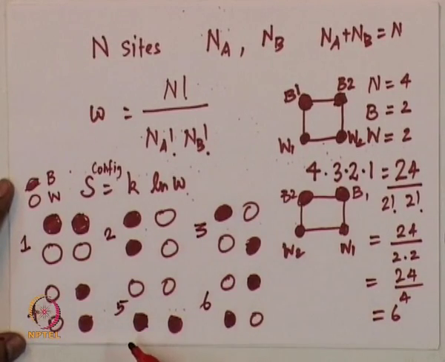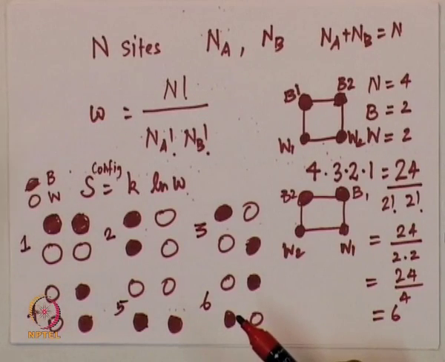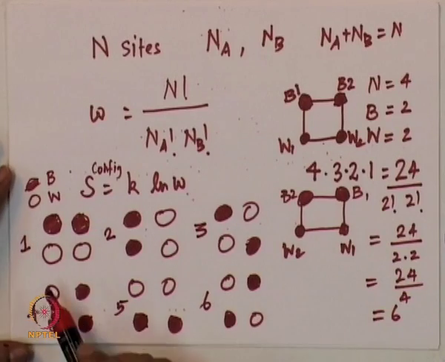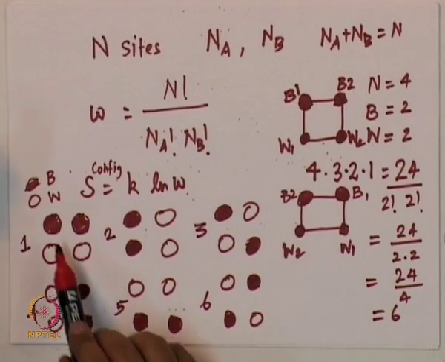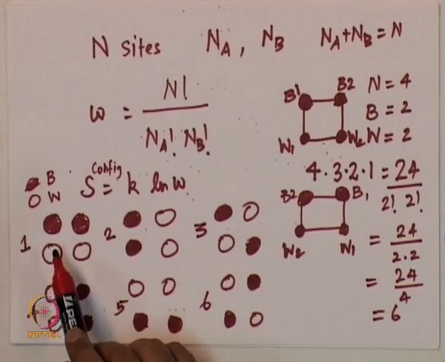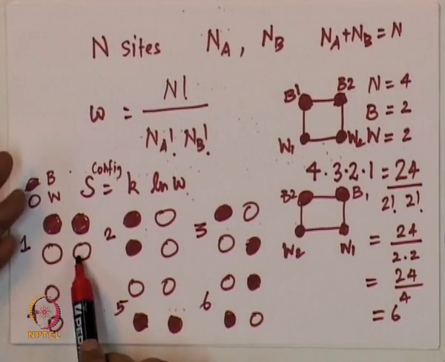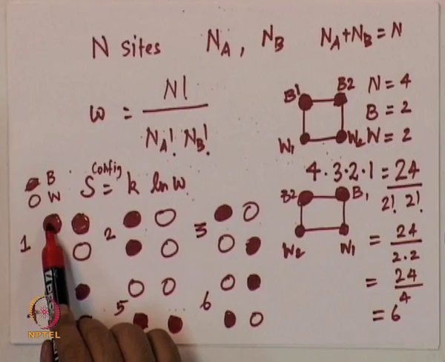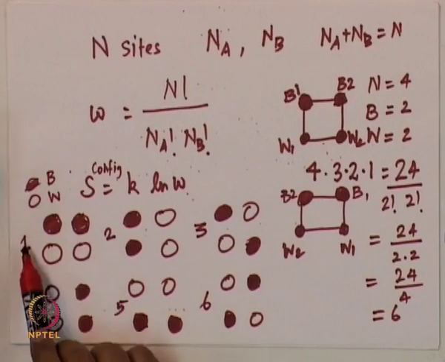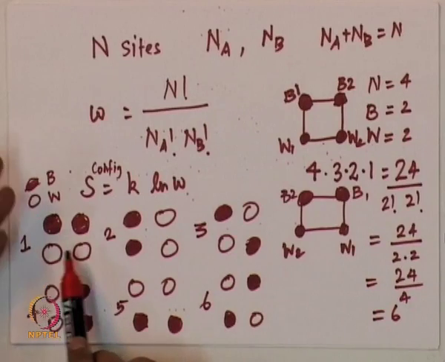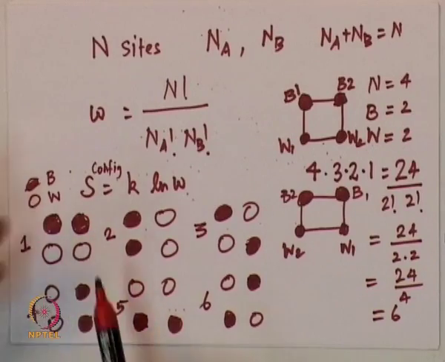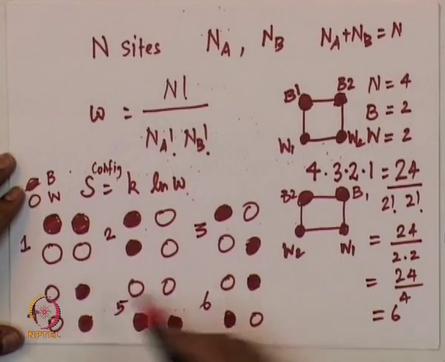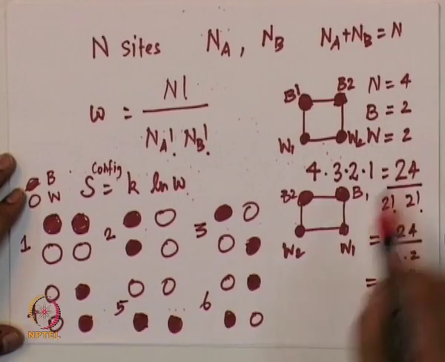These are if the blacks and whites are indistinguishable. If we can distinguish the blacks and whites, then that will give 4 different ways for each. The configuration will look the same, but one will be called B1, B2, W1, W2, the other B2, B1, W1, W2, another B1, B2, W2, W1, and the other B2, B1, W2, W1. So, 6 into 4 is the total number.